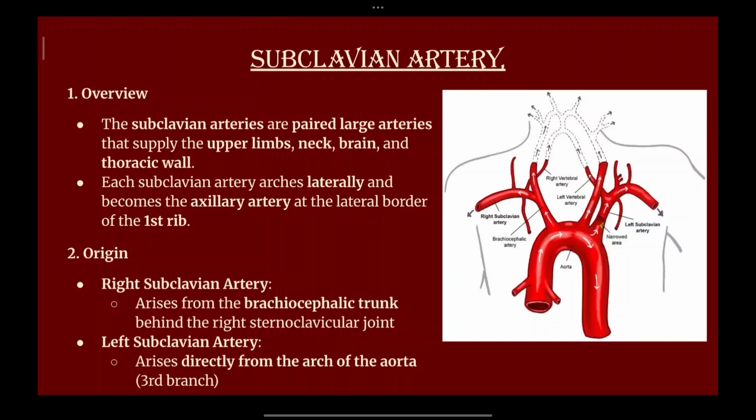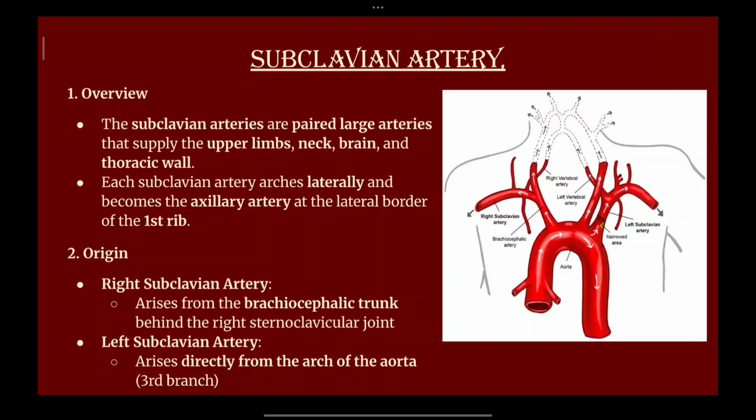These provide oxygenated blood supply to the upper limbs, to certain parts of the neck, brain and the thoracic wall or the chest wall. Each subclavian artery arches laterally and becomes the axillary artery at the lateral border of the first rib. So these arteries bend towards the upper limbs and form the axillary artery at the lateral border of the first rib.